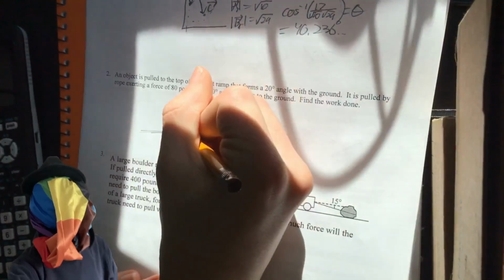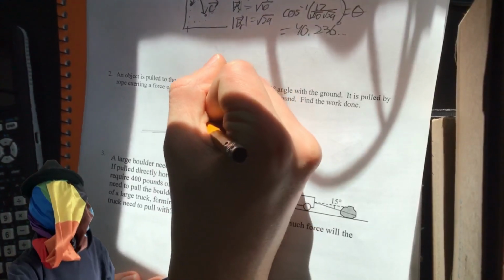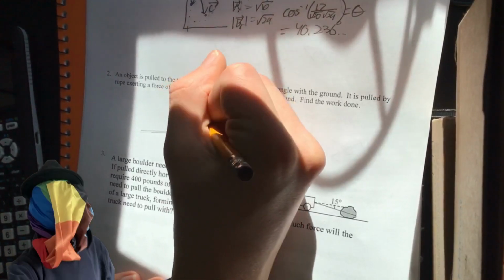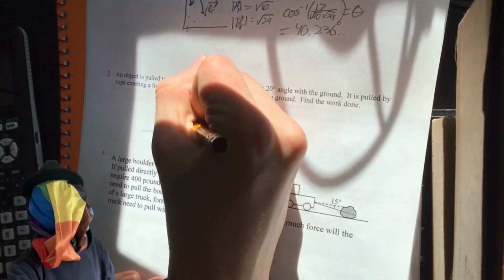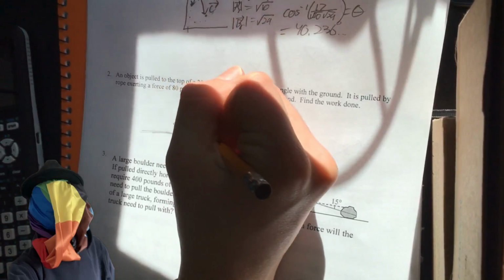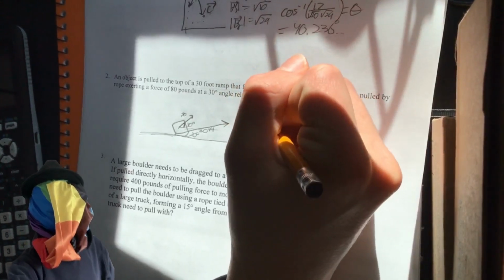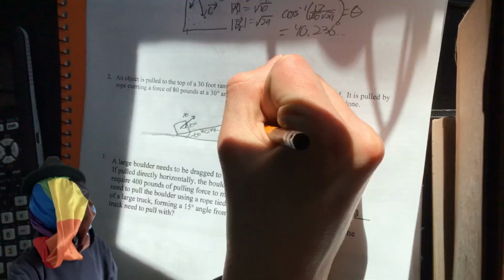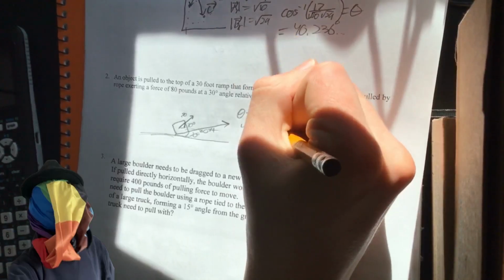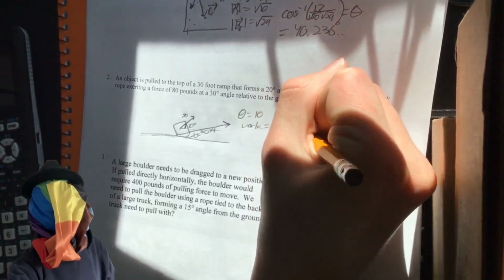So it's just going to get 80. And this angle relative to the ground is 30 degrees. So the difference in angles equals 10 degrees. So the work equals 80 pounds times 30 feet.